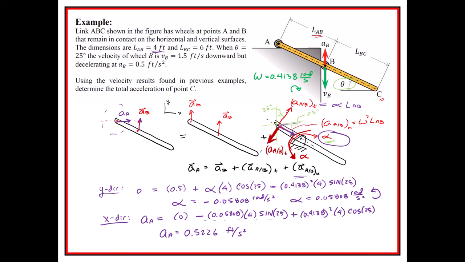But I suppose it's in some respects a consequence of the thing rotating, having an angular velocity. It's not impending motion, it's actual motion. So one is accelerating to the right, while the other one is decelerating upwards right there. Okay, so once we have this, our main goal, we can proceed to the rest of the example.